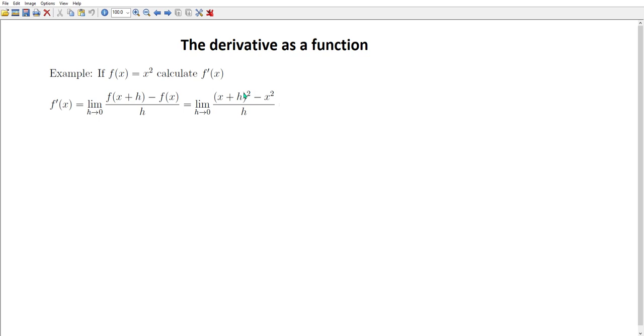We just have to square this term, and we get x squared plus 2xh plus h squared minus x squared over h. The minus x squared cancels the x squared, and we're left with 2xh plus h squared over h. Now you'll notice there's a factor of h in the top.